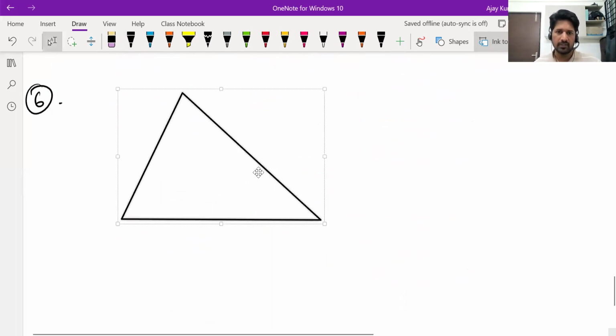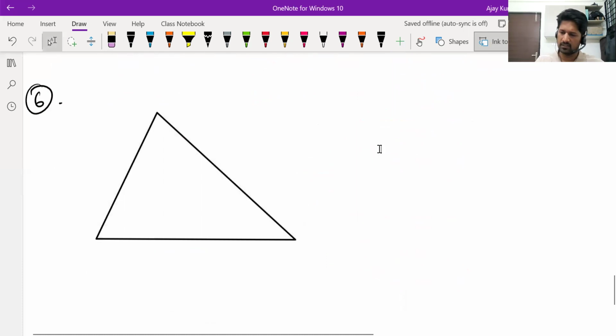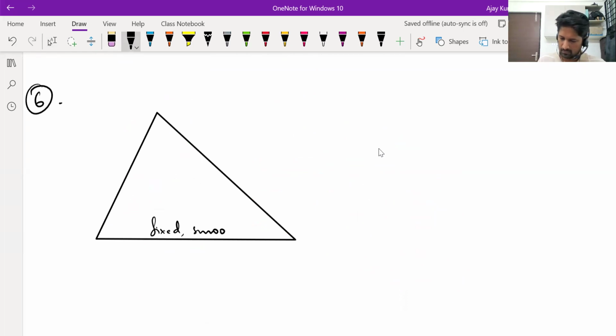Consider a wedge like this, or an inclined plane. It's fixed and smooth. One block on this side, one block on that side. The question is to calculate acceleration. Let's take this mass as m1, this angle as alpha.